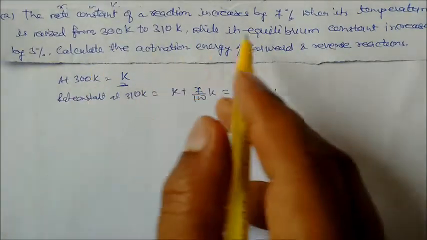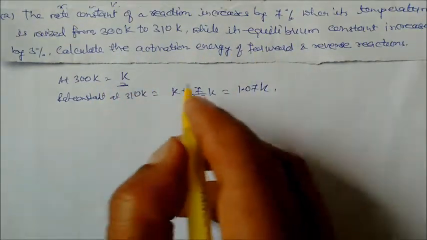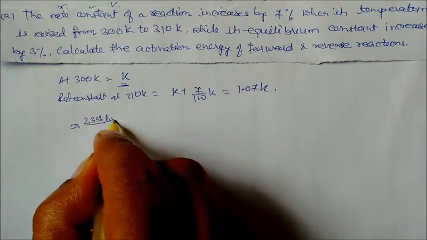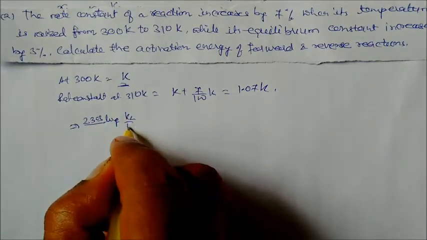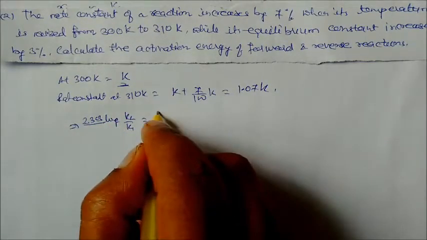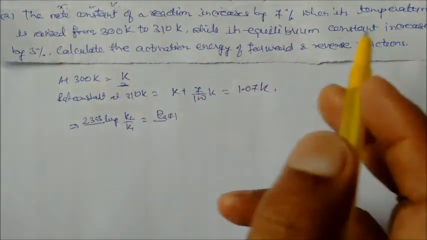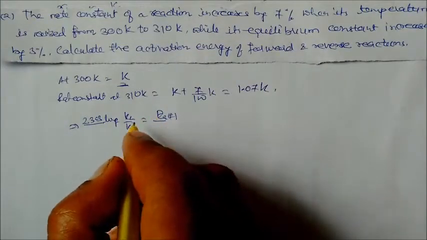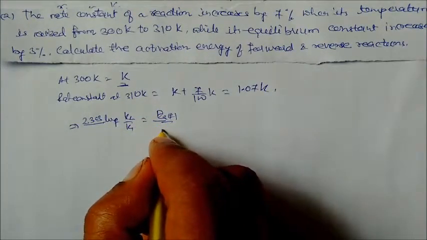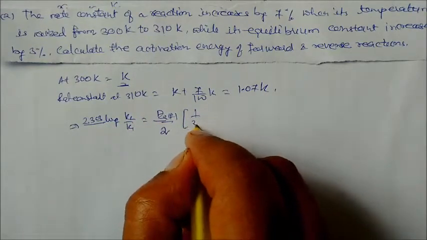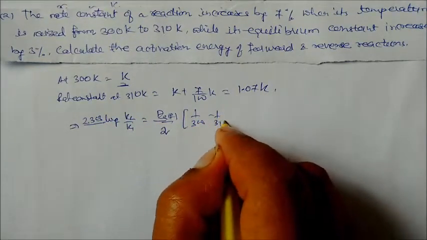Now we have to find the activation energy of this reaction. The activation energy will be 2.303 log of K2 by K1, and this is the forward reaction, that is the activation energy for the forward reaction, because the backward reaction's 3% is given separately. This is divided by R in calories, and the temperatures are 1 by 300 minus 1 by 310.